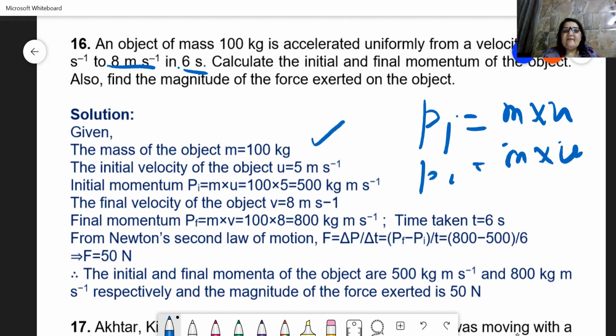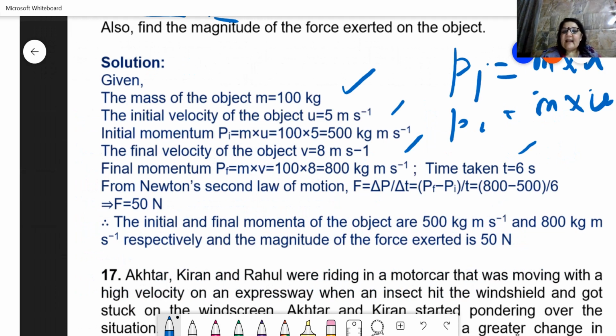So already I have written 100 kg, u is 5. So 100 into 5 is 500. Final momentum, 100 into 8, is 800. Time taken is 6. So what is your force? Force is delta P. Wherever I have written delta, delta means P2 minus P1, final minus initial, the difference. Delta T is the difference of time. You can use these suffixes especially to do numericals for maths or physics.